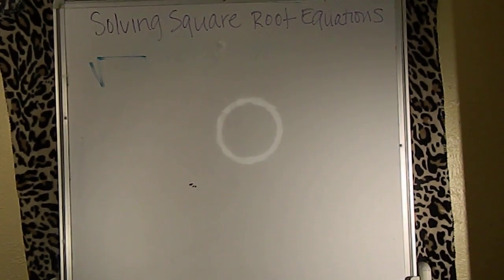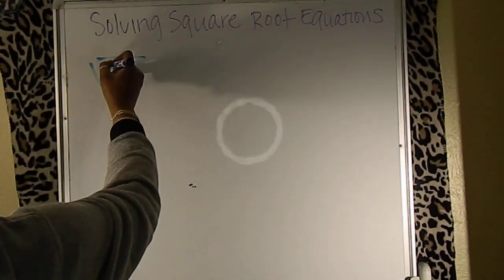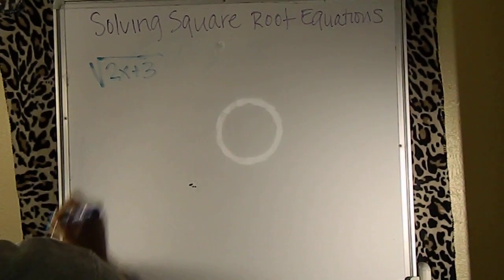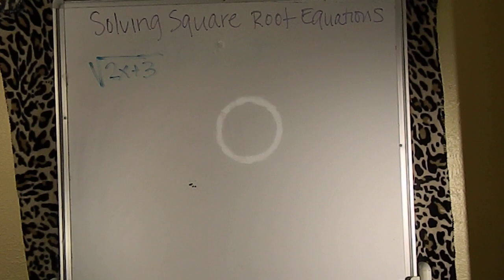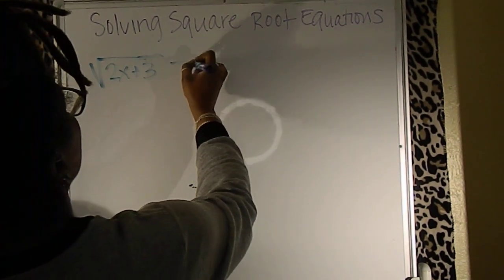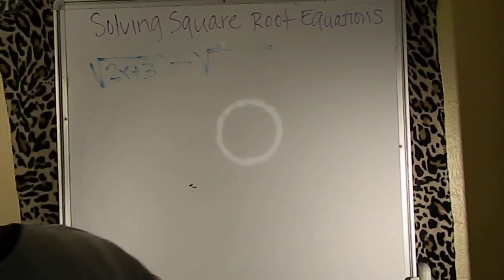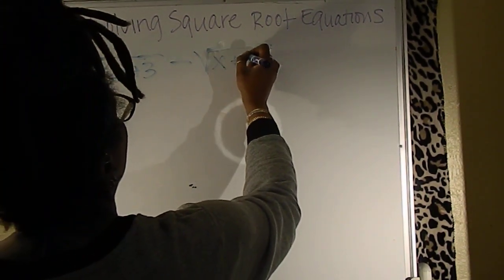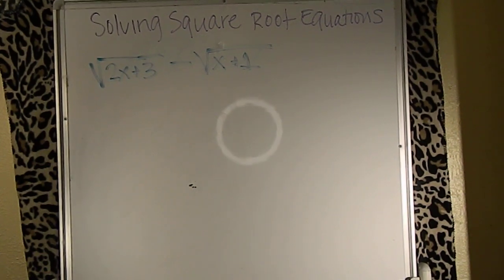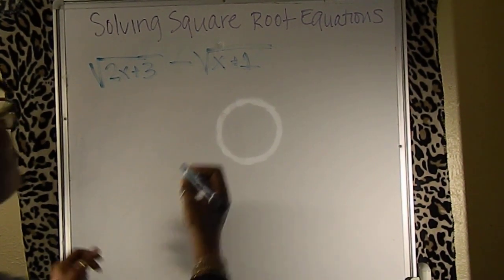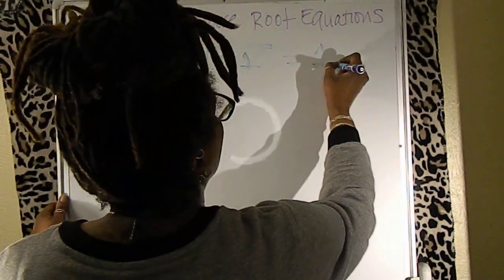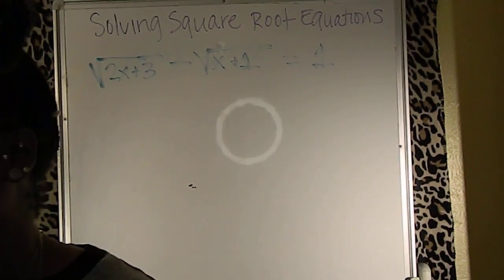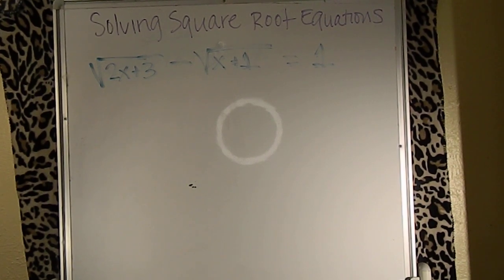So we got 2x plus 3 minus the square root of x plus 1 equals 1. Right? Can y'all see that? I know the marker is on its last leg, but it's trying.